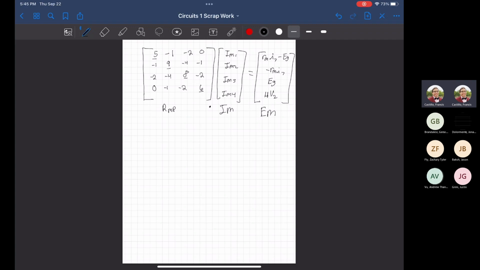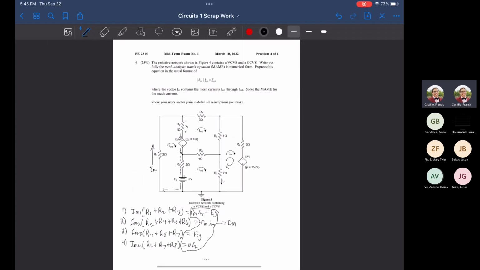Based off what we currently understand, we need to substitute in something. Specifically, we have to substitute in something for I7 and V2 in terms of knowns, values we do know, because as of now these are variables we haven't found yet. Let's go back to our circuit.